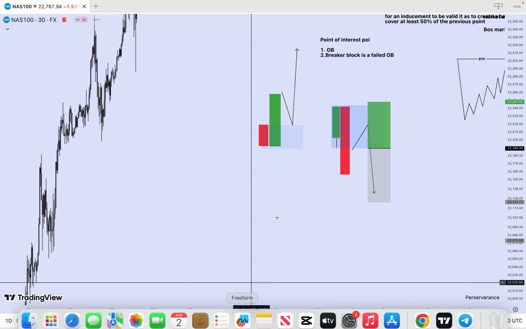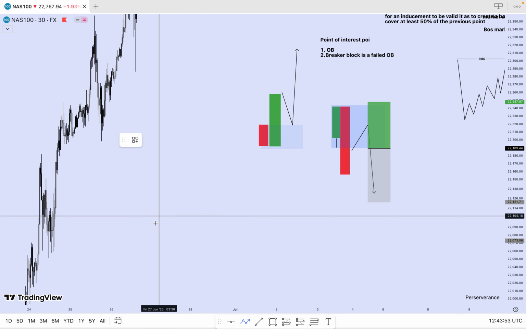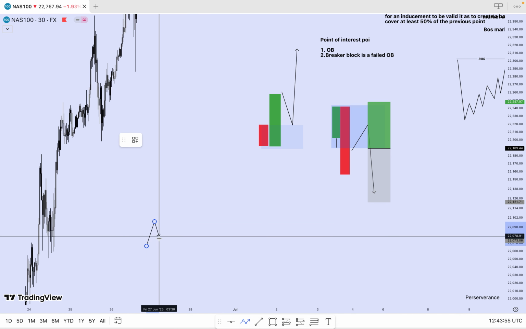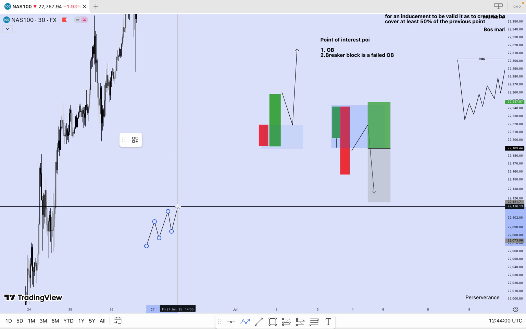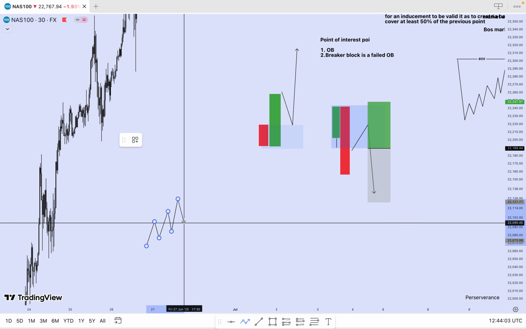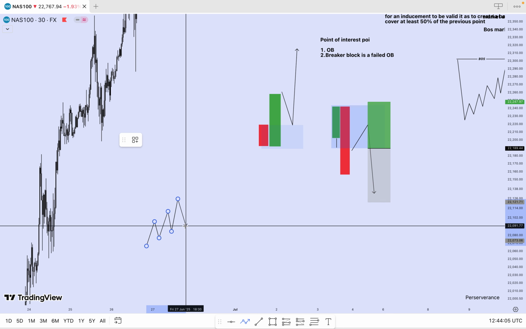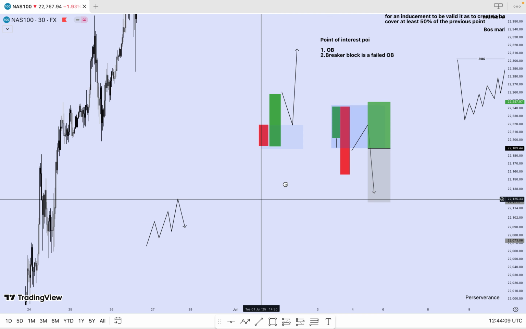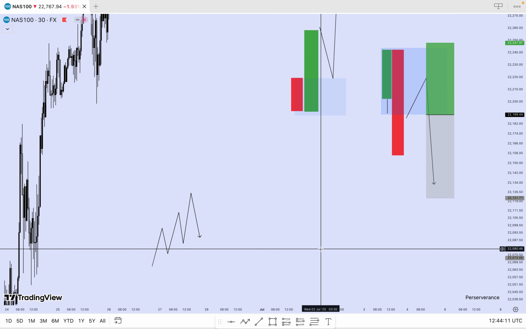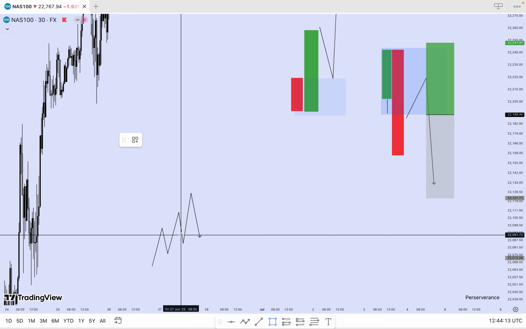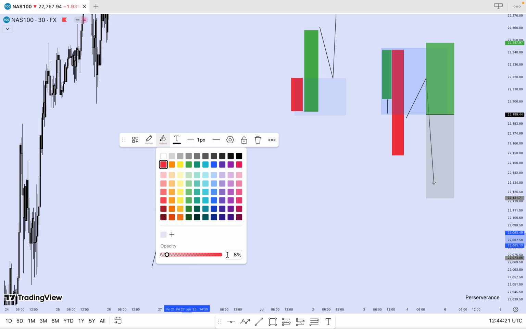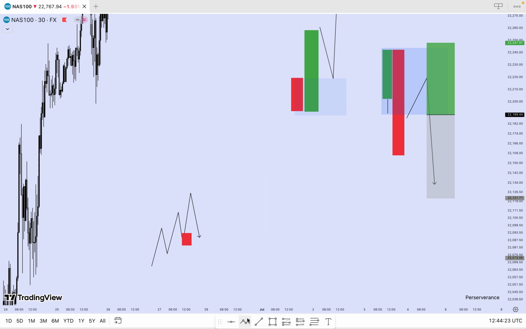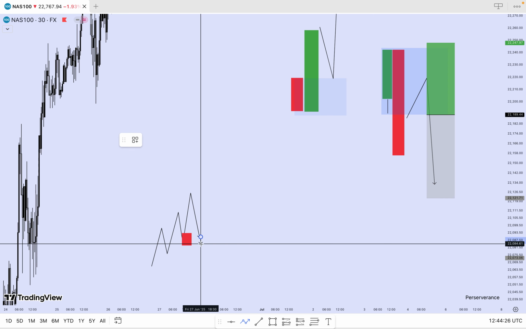So let's say price is in an uptrend, and there's an order block at this particular level that is supposed to push price back up.